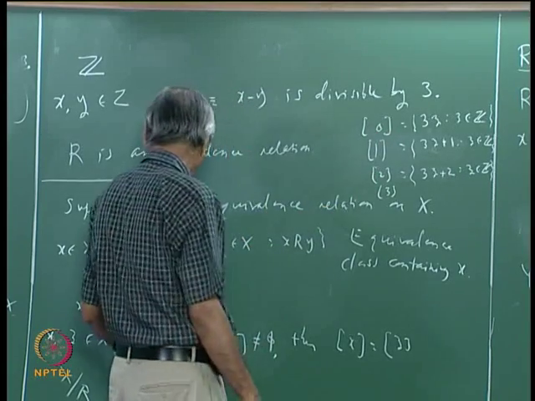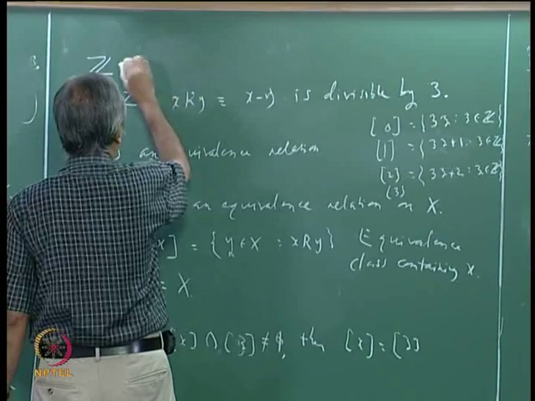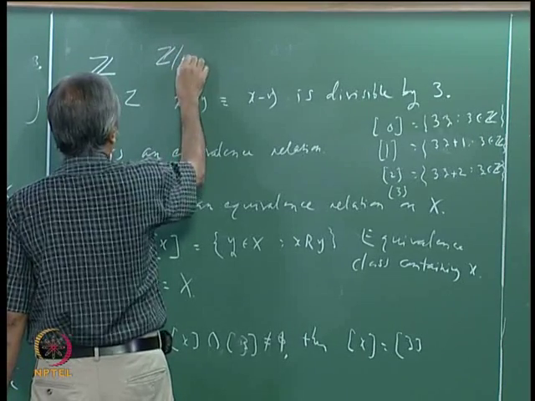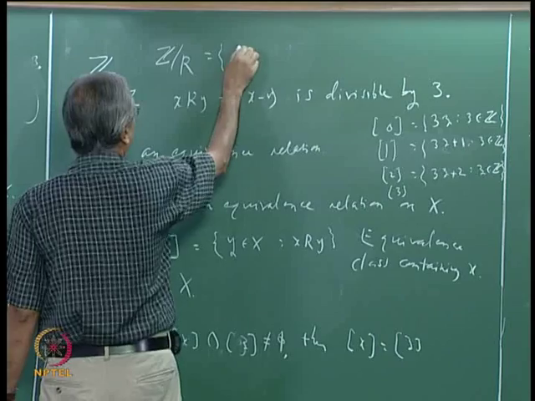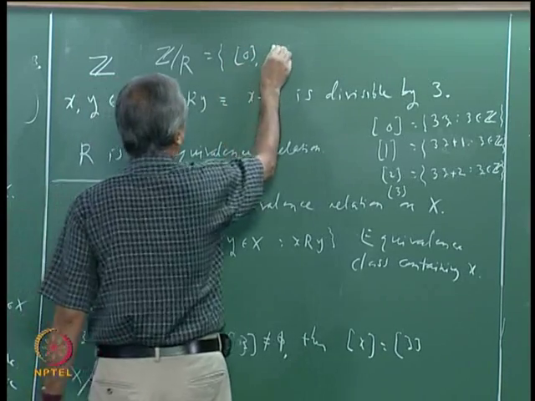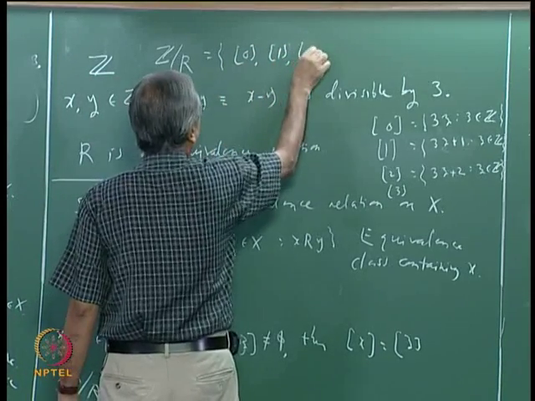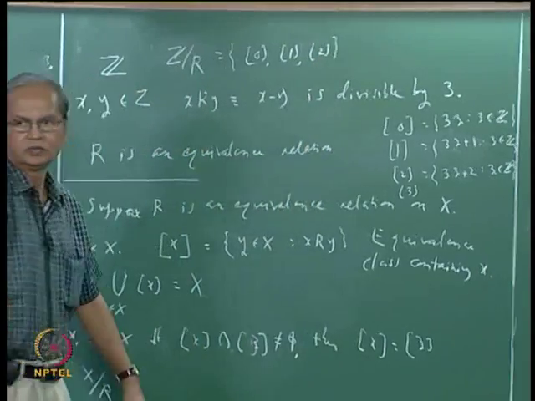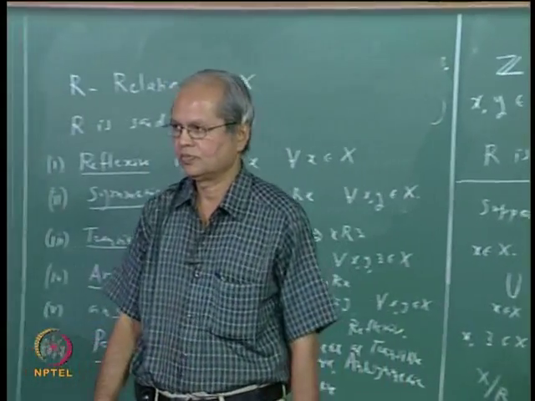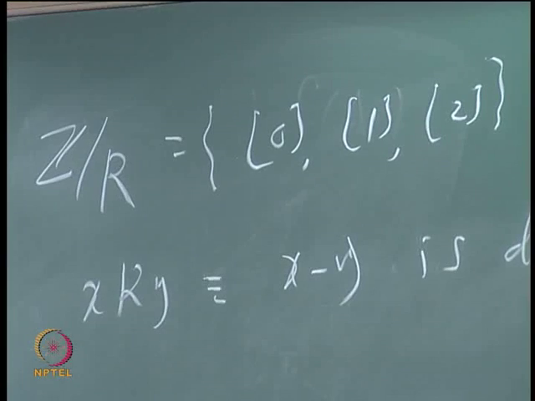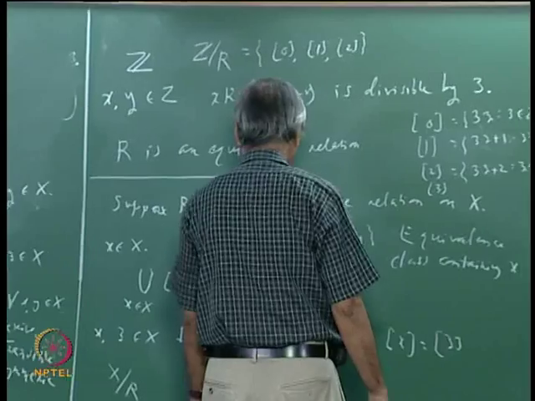So if I want to write this set X by R, in this case Z by R, it has only 3 elements, the equivalence class containing 0, 1 and 2.